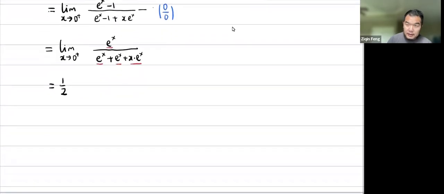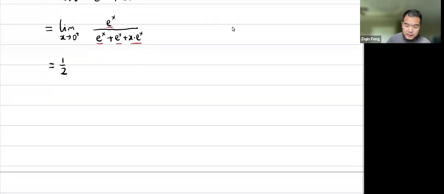And now let's see one more example, example 4. Let's see the limit as x goes to infinity, x to the power e to negative x, right?